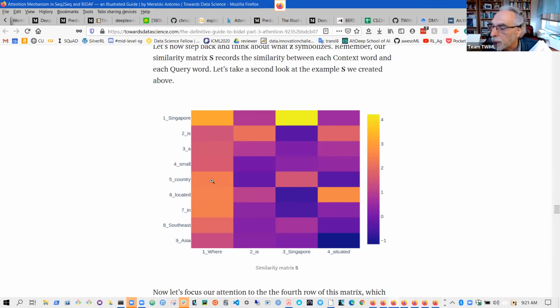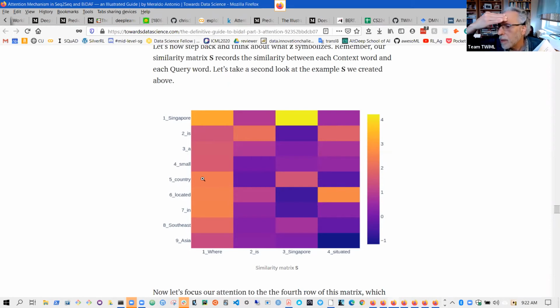Again, the first element is the maximum value. If you look at the color scheme, purple is -1, this shade corresponds to somewhere here, but this orange shade corresponds to somewhere here. This is the maximum value.